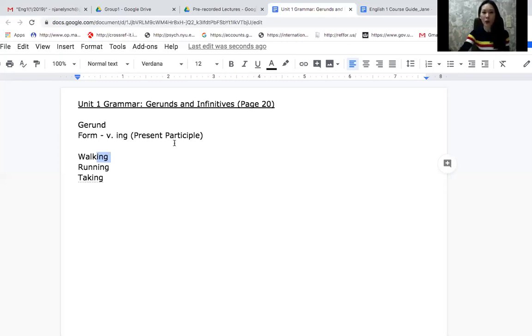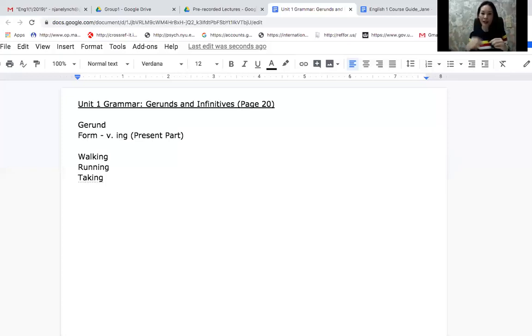Why is it called participle? Because if you look at the root of this word, if I cut the suffix, it's going to be part. What does part mean? Part means just one section or one part of the main part.